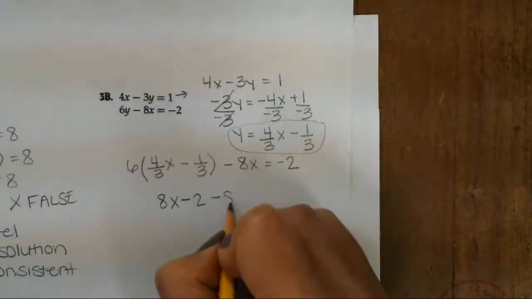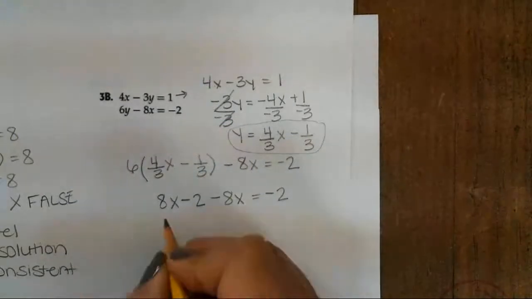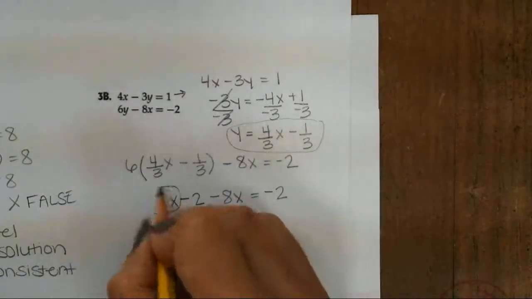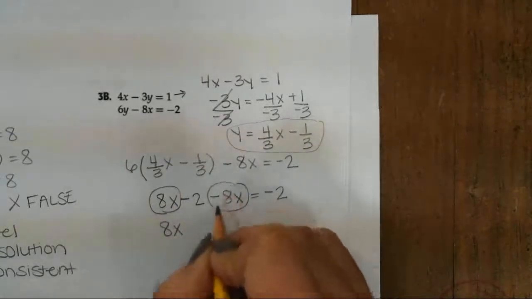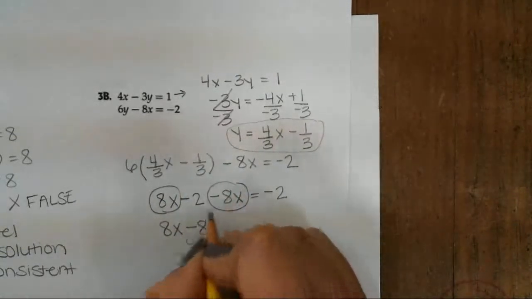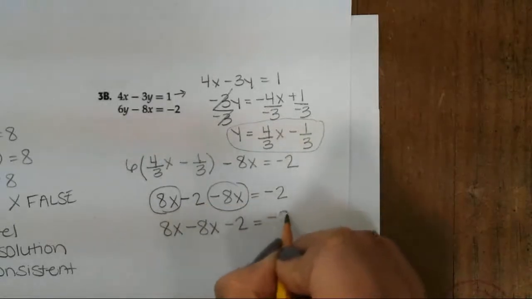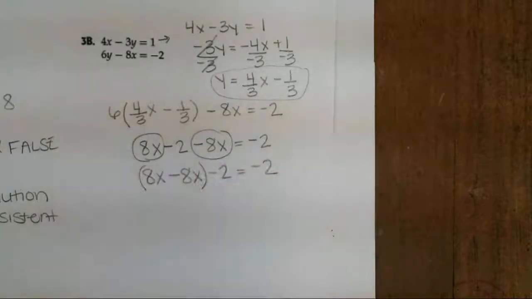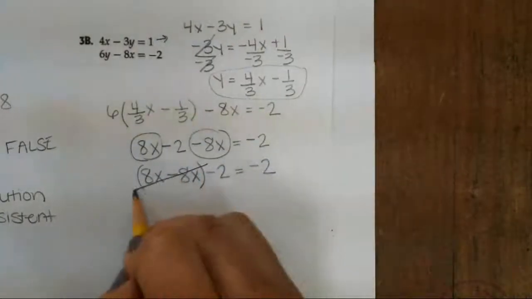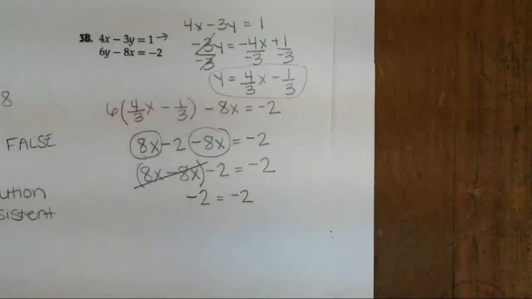I'm going to bring down this 8x and this 2, and rewrite these so I have my like terms together: an 8x minus an 8x, and then minus 2 equals negative 2. And here we go again. These x's cancel out, so I'm left with negative 2 equals negative 2.